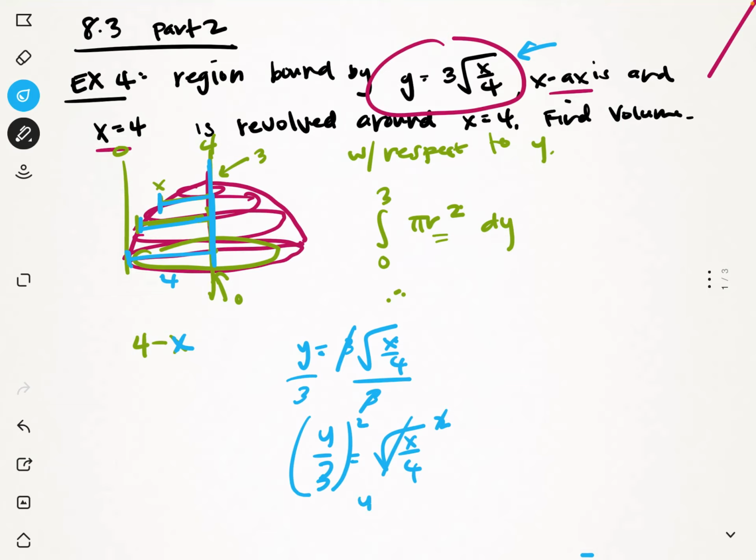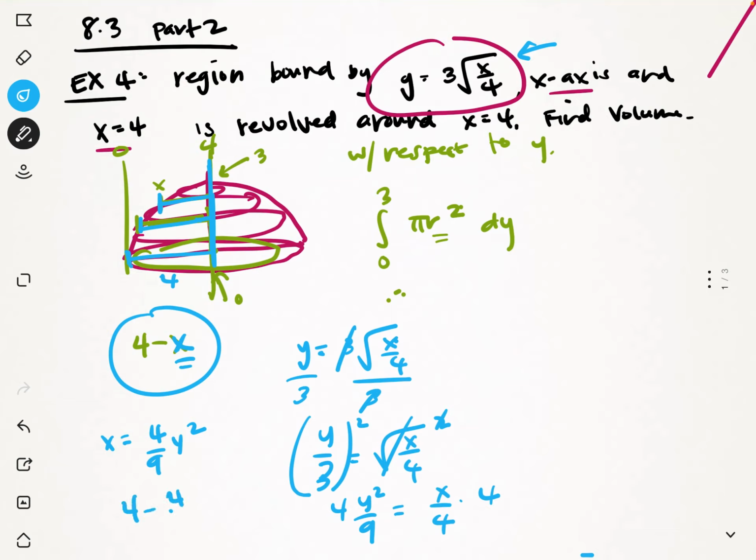So we have y squared over 9 equals x over 4. And then when we multiply by 4, we get x equals 4/9 y squared. So we can replace this x here with 4/9 y squared: 4 minus 4/9 y squared. So this is going to be our radius.